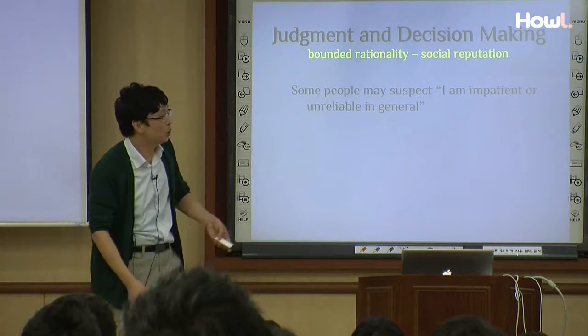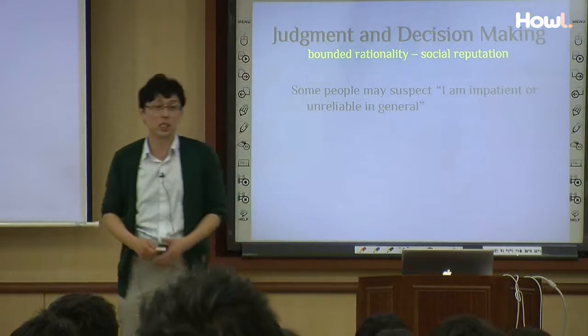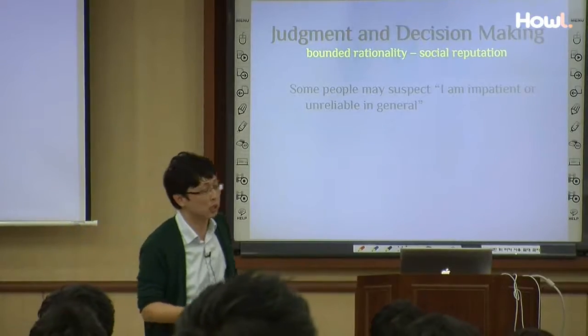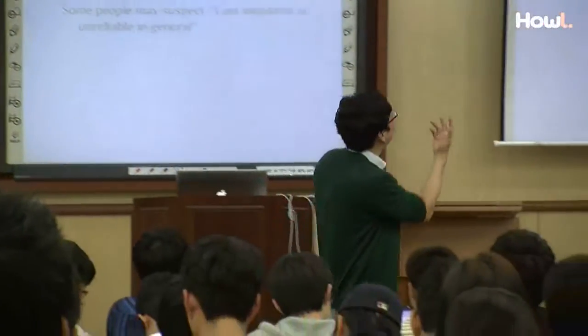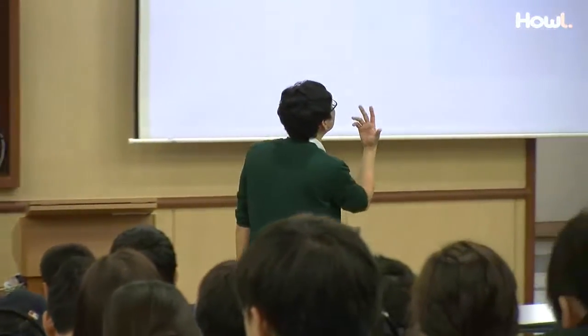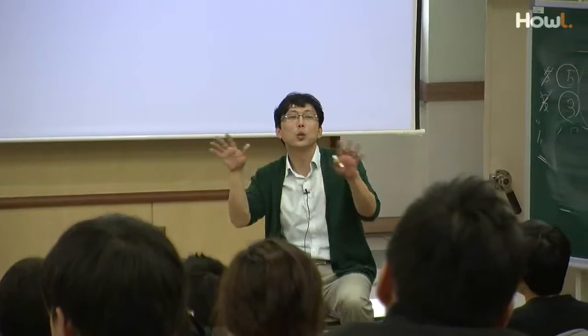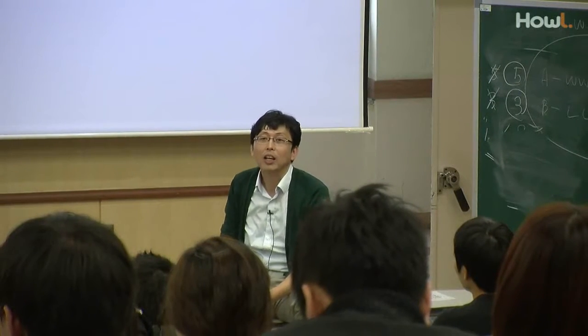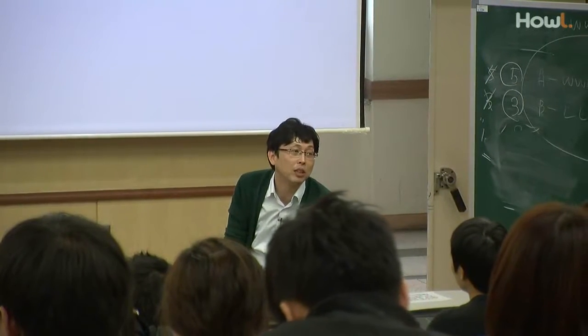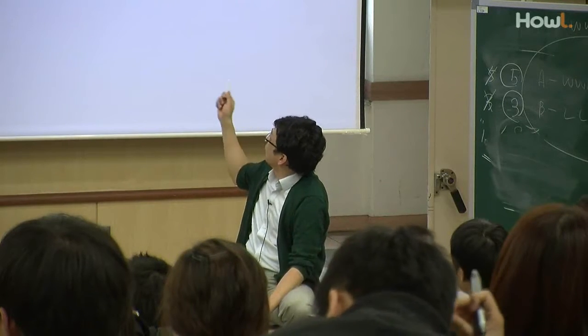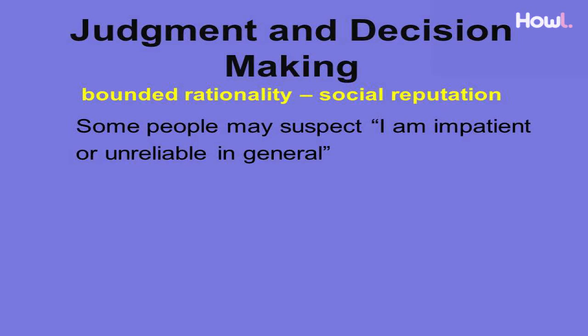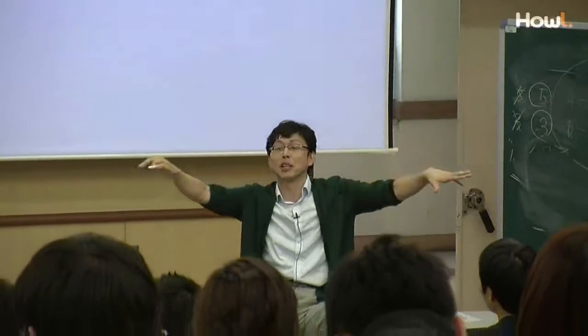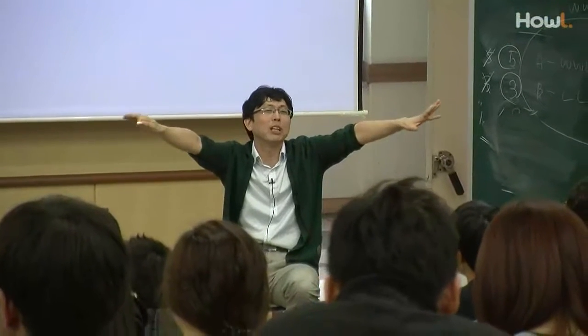Okay, this one is social reputation. It's a new concept. In 2007, one of the researchers and social scientists explained why our decision making cannot be used in social situations. That happens in social networks and your current community situation. Some people may suspect that, so you can leave the cinema right now, but of course in the cinema there are heaps of people, right?